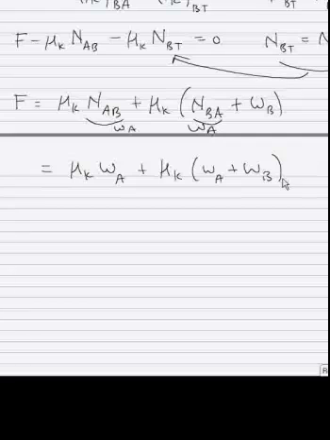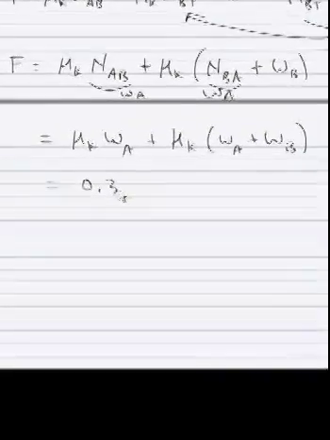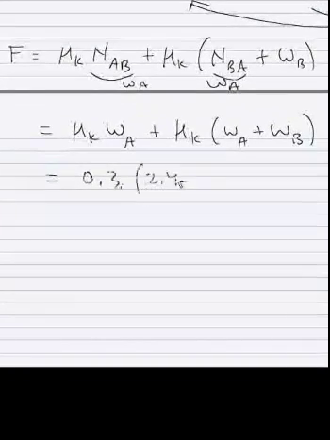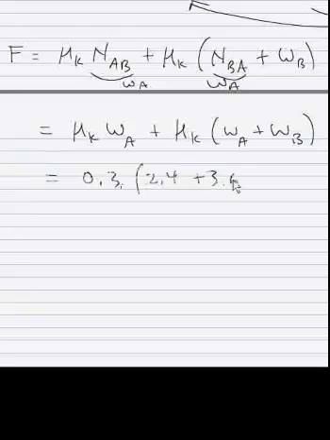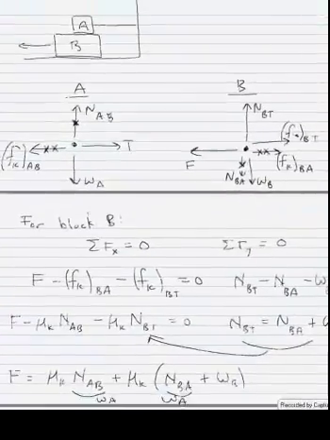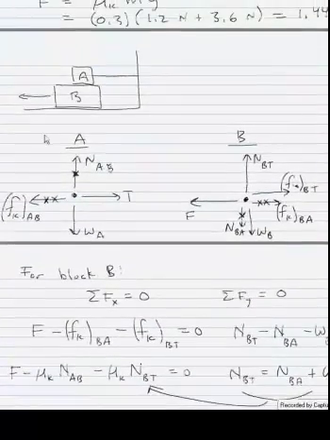And I end up with 0.3 times 2.4 plus 3.6. I end up with 1.8 newtons. So force units are in newtons. The direction is given in the problem, so I'm not going to restate that. It's to the left.